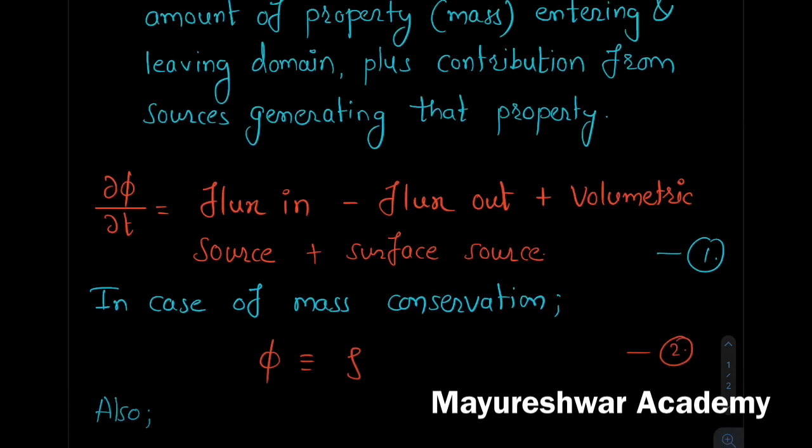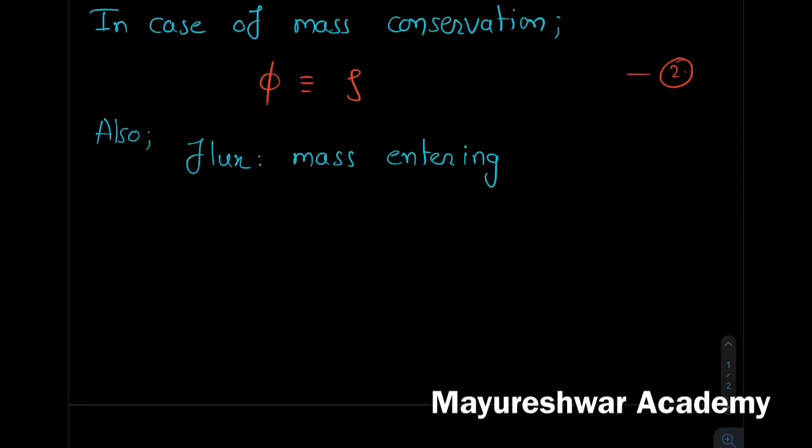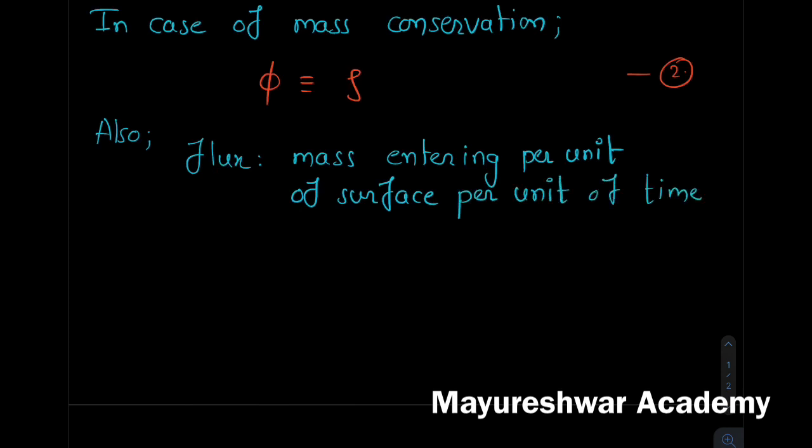We also need to formulate something called flux for a differential form. So mass flux in our case is defined as mass entering per unit of surface per unit of time. That is the definition of a flux. So for mass flux we need to formulate this entity.